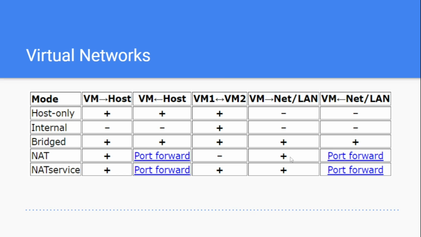The VM also can access the physical LAN and the internet. With the NAT service, also known as a NAT network, the VM and the host can communicate. The host can communicate with the VM through port forwarding, and you have communication between VMs, and also communication with the internet.